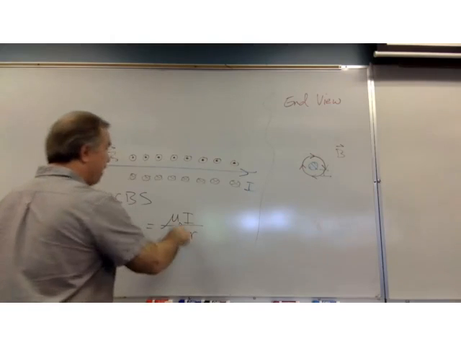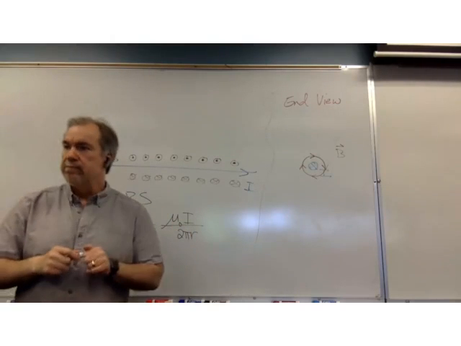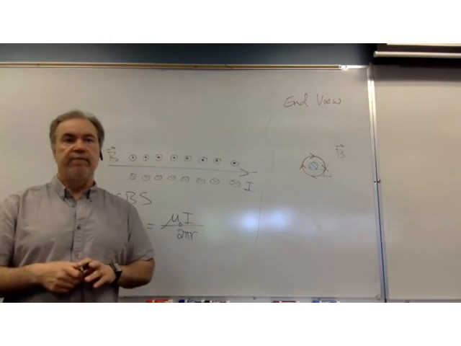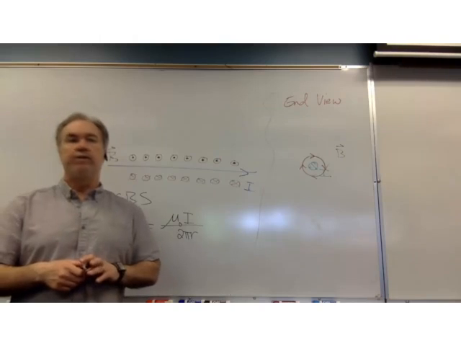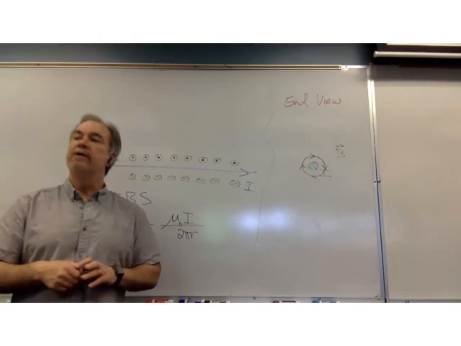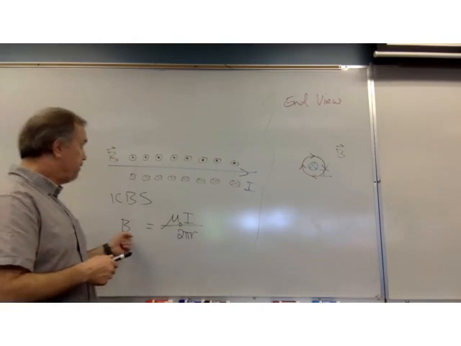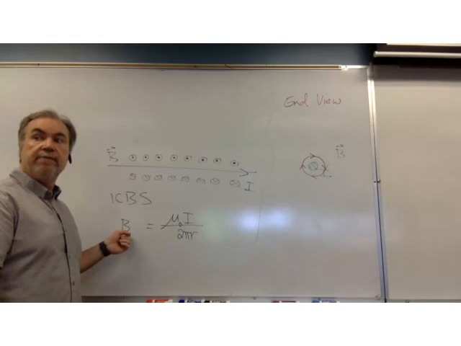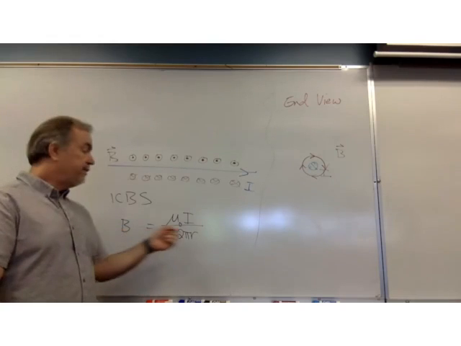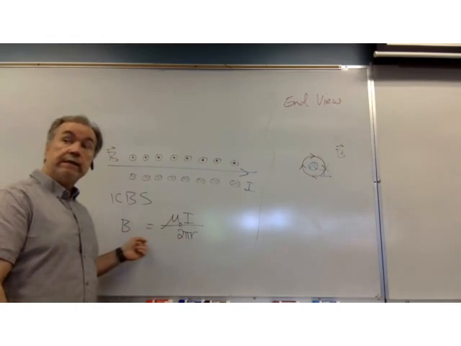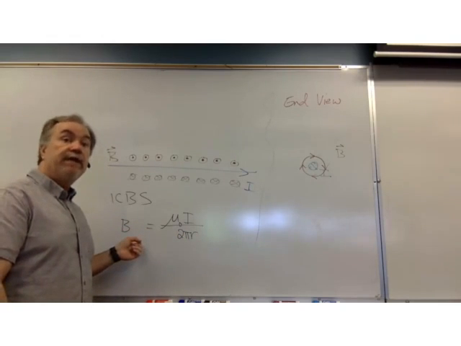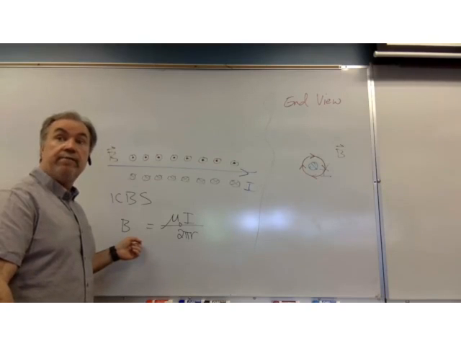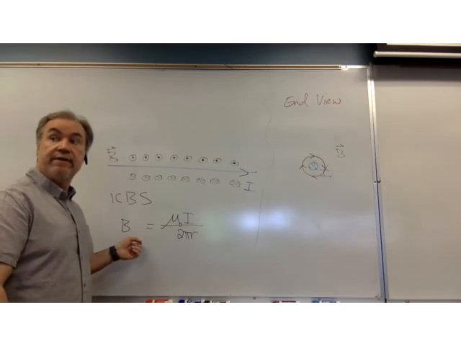And r is, well, what do you think r is? Physically, what distance? From the wire to, there's no source charge here. From the wire to, what am I calculating? Magnitude of magnetic field. So r would be the distance from the current to, what was r when I did electric fields? Distance from the source charge to where?